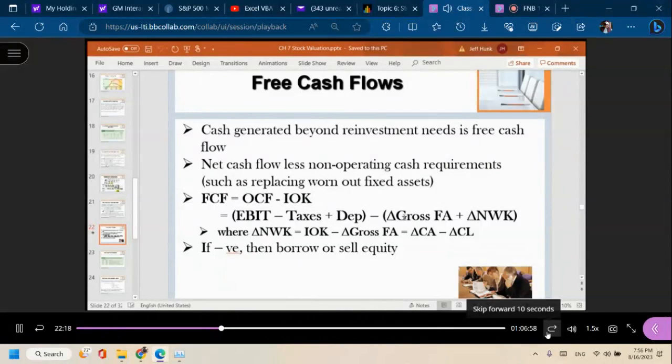Investment in operating capital comes in two parts. Look, your fixed assets or non-current assets are the physical capital or physical assets. There will be change in physical assets over time. First of all, the value of your physical assets would change, mainly because it will go down due to depreciation.